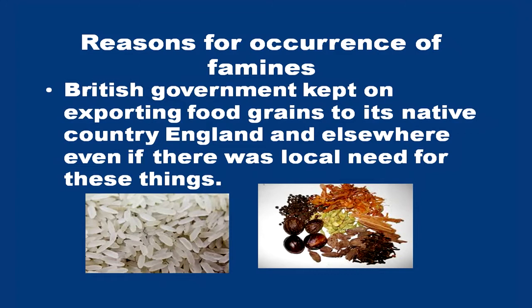Another important reason for the occurrence of famines is that the British government kept on exporting food grains to its native country England and elsewhere, even if there was local need for these things. The food grains were in great demand in India, but these were not available in India. Why? The British used to export all these food grains to Britain and to other countries of Europe.